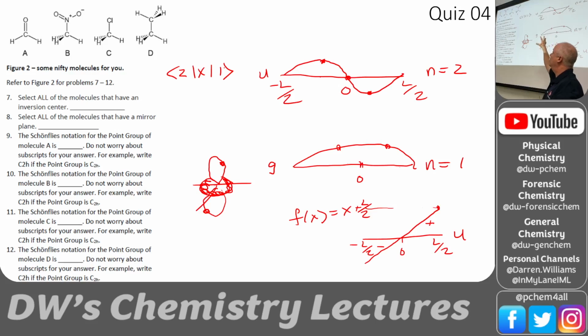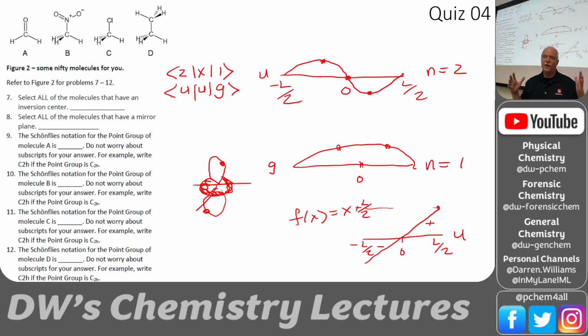Okay, so let's pretend this math is too hard for us to do, because it's an exam and we've got to be quick. So I'm going to substitute the symmetries of all three of those functions. I can look at this and say wave function 1 is G, light is U, and wave function 2 is U. So I've substituted the symmetries of those functions.